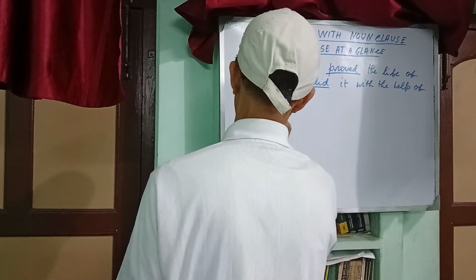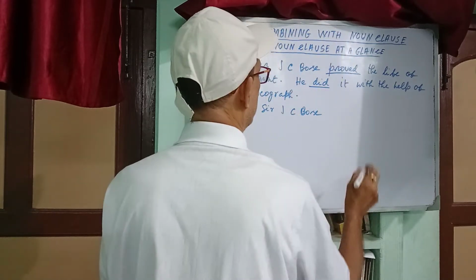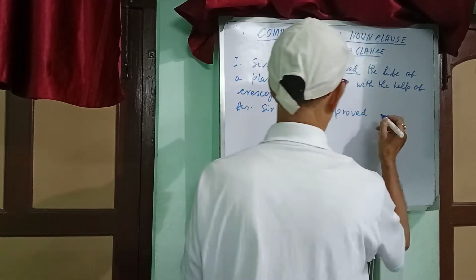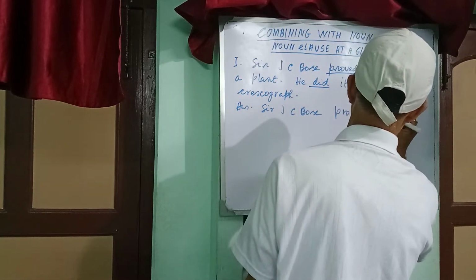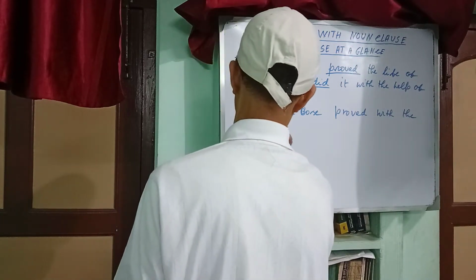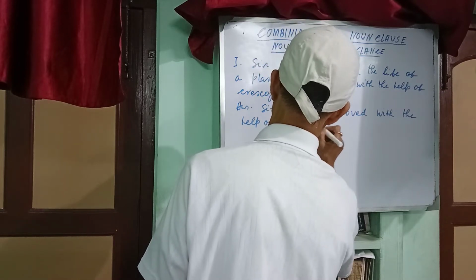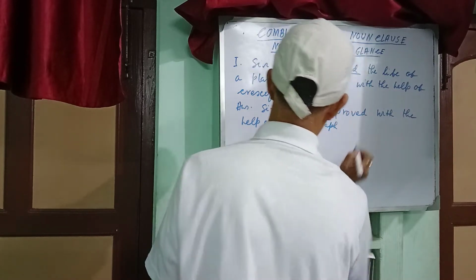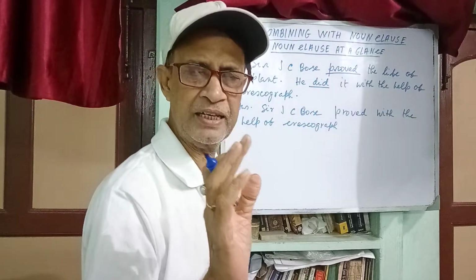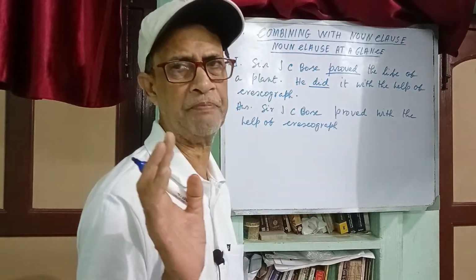Sir Jesse Bowles proved with the help of crystallograph. It is an instrument. It is a very delicate instrument, crystallograph, that can measure the heartbeat of a plant.